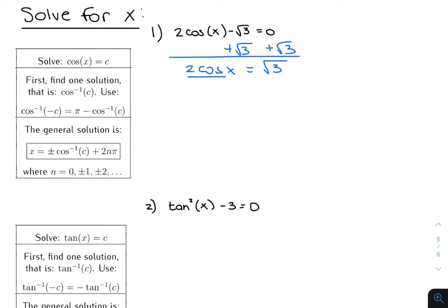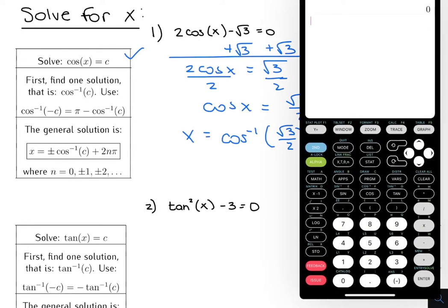So now we can divide 2 to both sides, and we're left with cosine of x is equal to the square root of 3 over 2. And now we have solved for our cosine. Our second step is to try to find one solution using the inverse function. So we know that our x is equal to the cosine inverse of the square root of 3 over 2. Now let's just plug it into our calculator and see what we get.